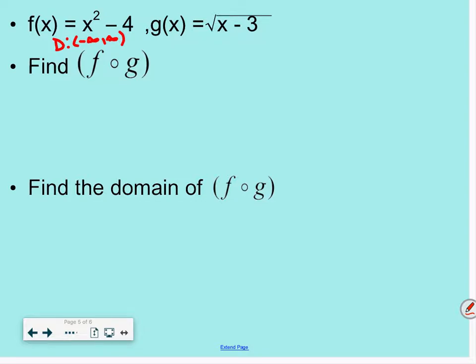If we shift it to the right 3, which we could think about mentally, our domain becomes everything greater than or equal to 3. We don't have to actually graph it to get the domain. We can think about what that graph is going to look like and then determine it from there. But if you want to draw a picture, you can.